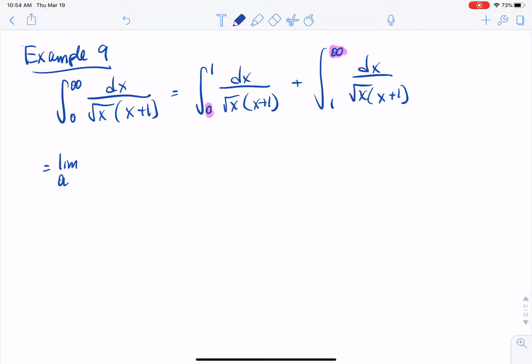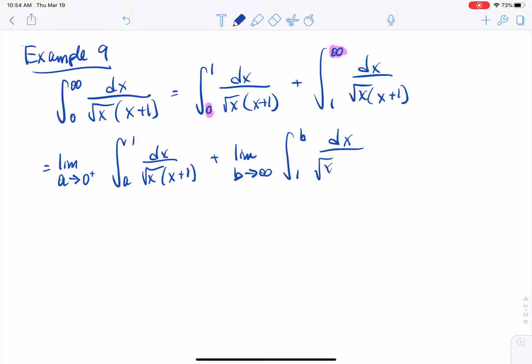Lower bound, so I'll make that an a, as a approaches 0 from the right, the definite integral from a to 1 of whatever this thing's going to turn out to be. And then we've got another limit, as this one's upper limit, so I'll choose b, goes to infinity, 1 to b of the same thing. Copy, paste. All right, so we've at least set this thing up.